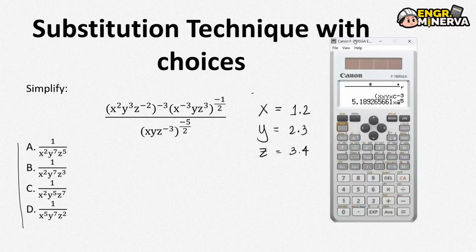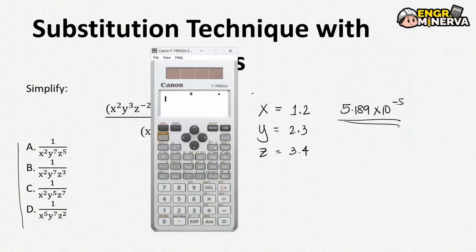Okay, so how about for the choices? For the choices, we use trial and error to determine the right answer. First, for letter A, let us input 1 over x squared multiplied to y raised to 7 multiplied to c raised to 5. Then you press calc. Since we have already stored the values for x, y, and c, there is no need to store them again.